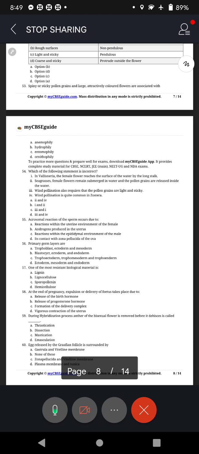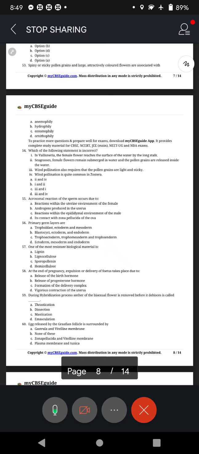A. Anemophily, hydrophily, entomophily, ornithophily. Phily means love, I said. Just now we were talking about the insects, entomophily. Ornitho, of course, ornithology, Dr. Salim Ali, birds. Hydro, water, hydrophily, anemophily.